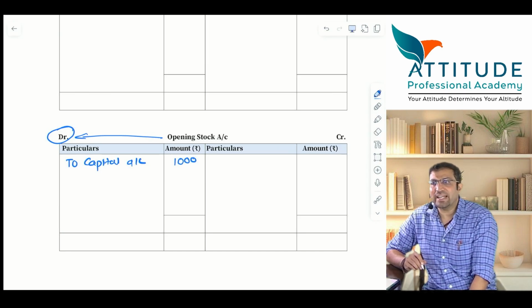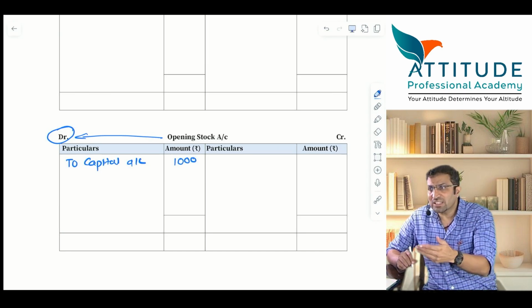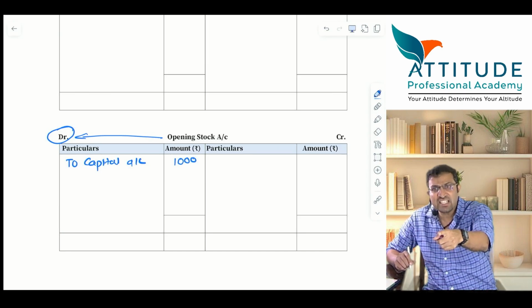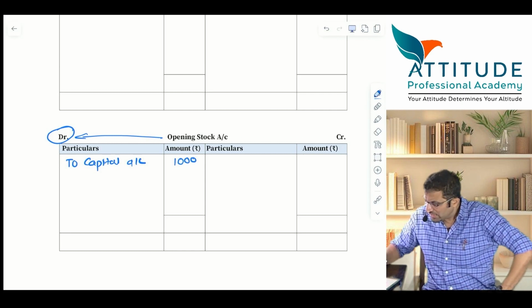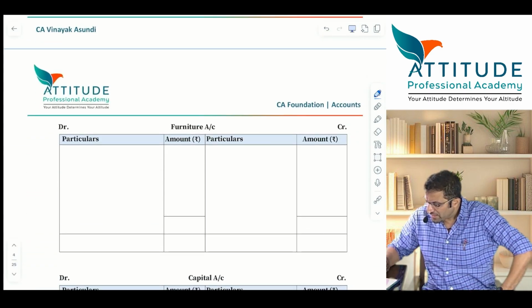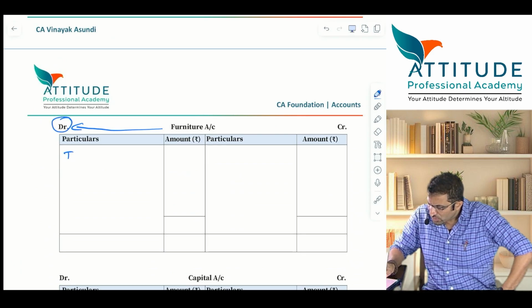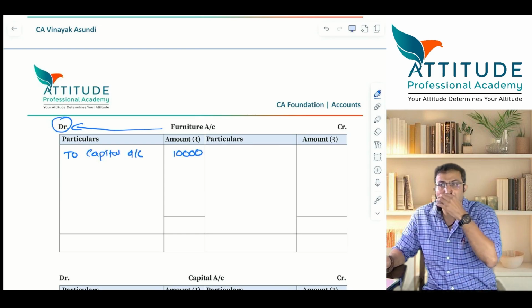All of you are there with me? Go to the third account. I think furniture account is also debited. So where should I go? Tell me. Furniture account, go to the debit side and write to capital account. How much is the amount? 10,000.